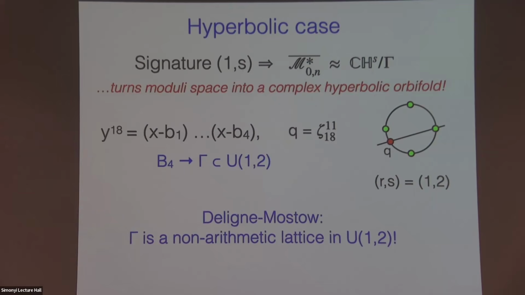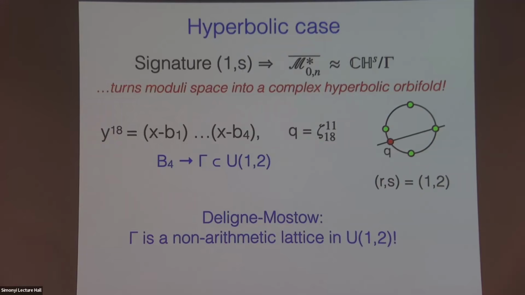Okay, now much more than that. There are other known constructions of lattices in unitary groups, but most of the known constructions use arithmetic and provide arithmetic lattices. On the other hand, monodromy doesn't have this arithmeticity built into it.